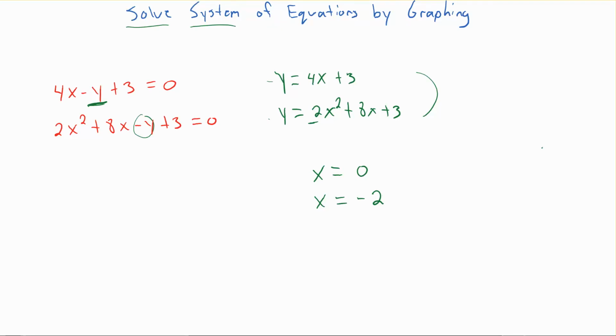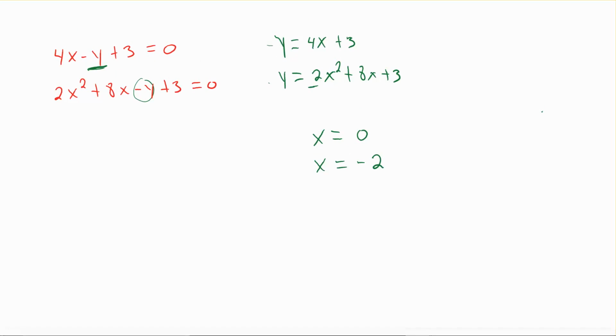One thing you should do, though, is check to make sure that that's actually right. All we have to do is throw this 0 into our equations and see if we get the same y out. For the first one, y is equal to 4 times 0 plus 3, so y is equal to 3.